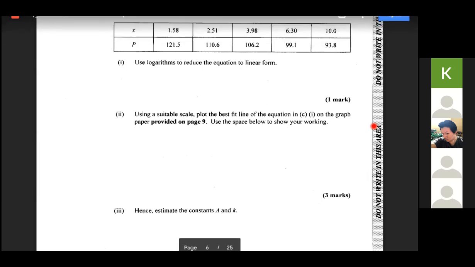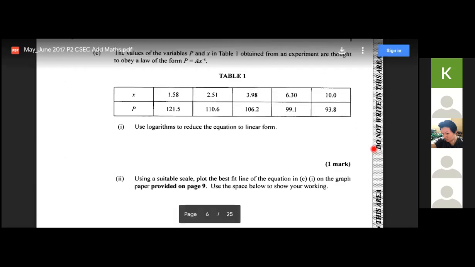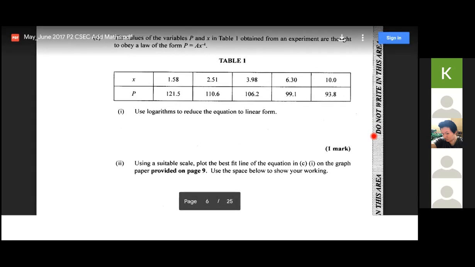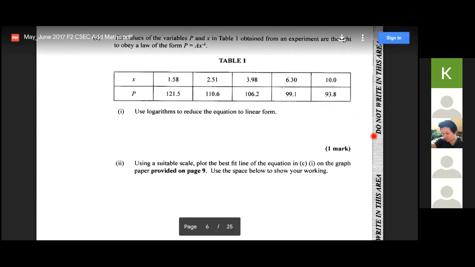When drawing a graph, I hope you know, if you don't know, just let me know, that's fine. When doing the graph, Y goes on the vertical axis, X goes on the horizontal axis, right? We said that the equation, the linear form, is this.